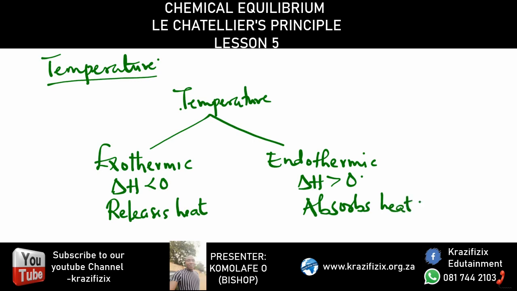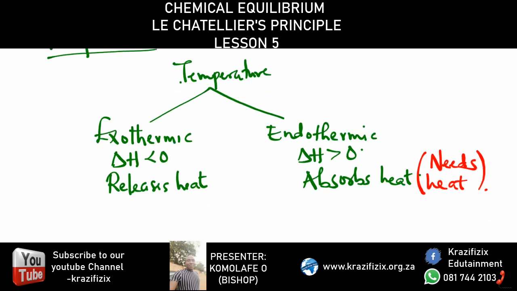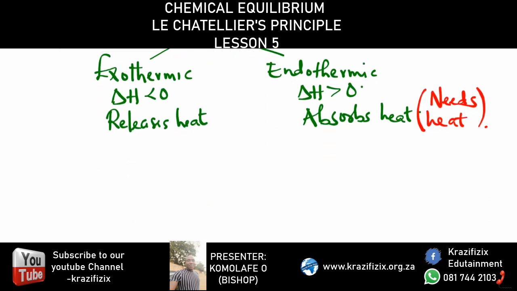Why does it absorb heat? I'm going to write something that will make you remember. It needs heat. All right. So, these are the things you need to look at. Delta H is less than 0. In fact, a reaction here could be written like this: products plus heat. It is exothermic. While this one could be written like this: A plus B plus heat.